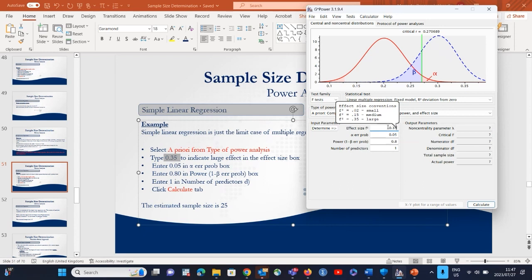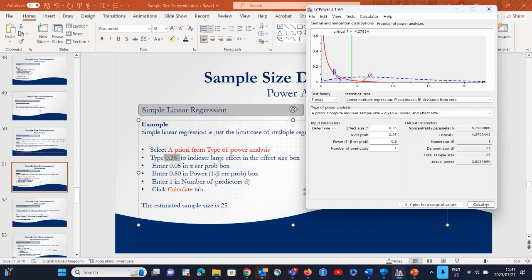And then you can bring in the one that you have from your pilot or from previous studies, and you can calculate, and it's giving you the estimated sample size.